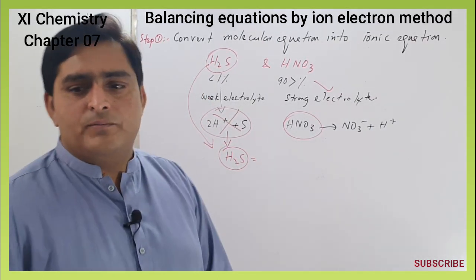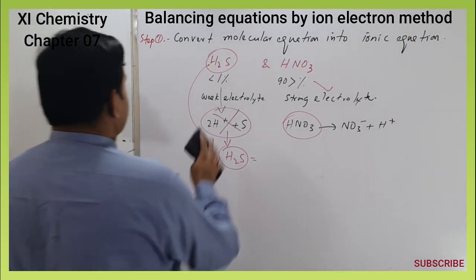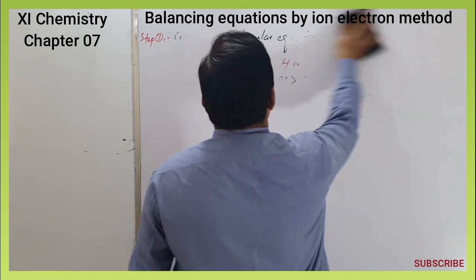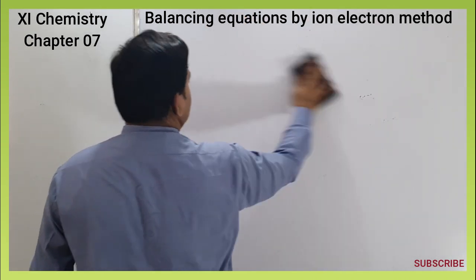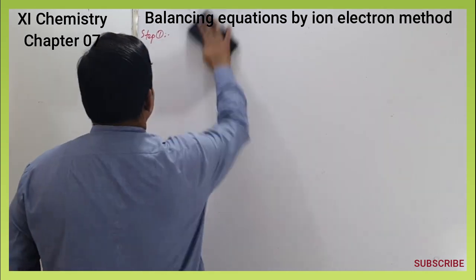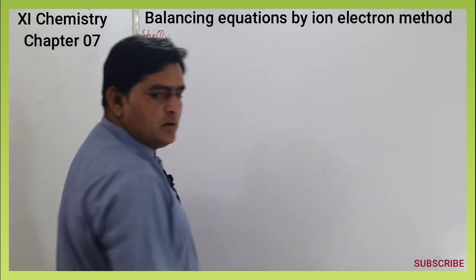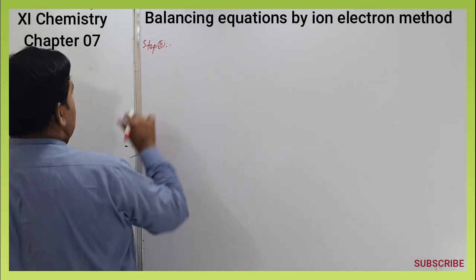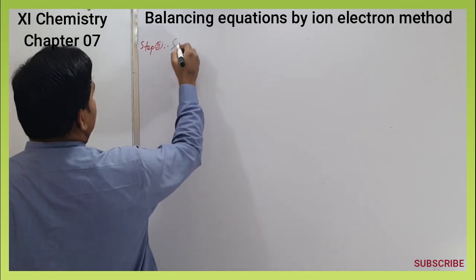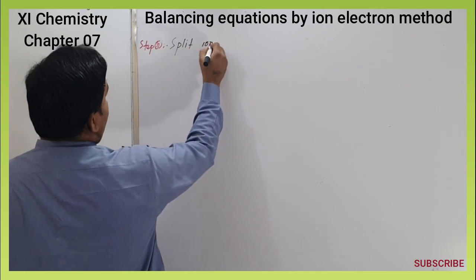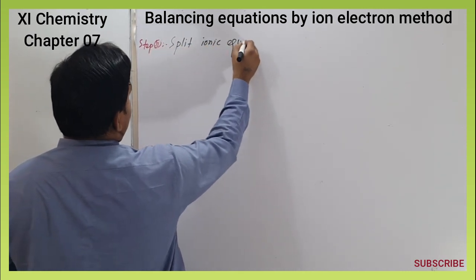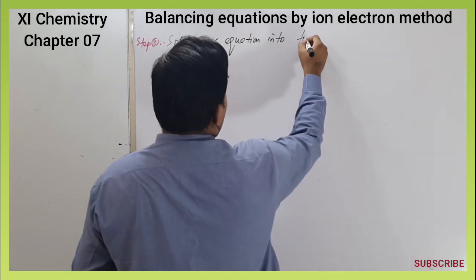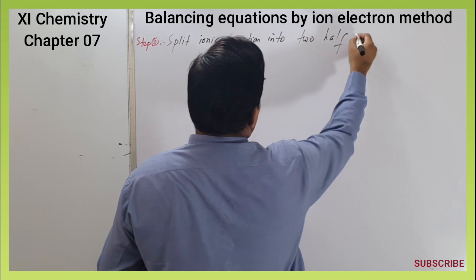Step 2 is to split the ionic equation into two half reactions.